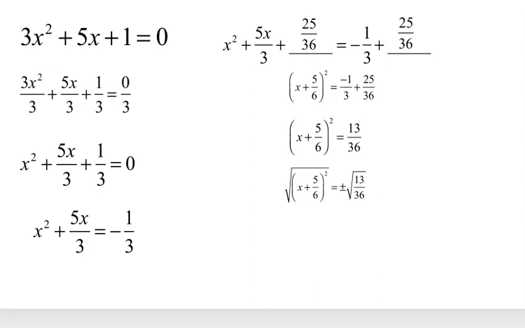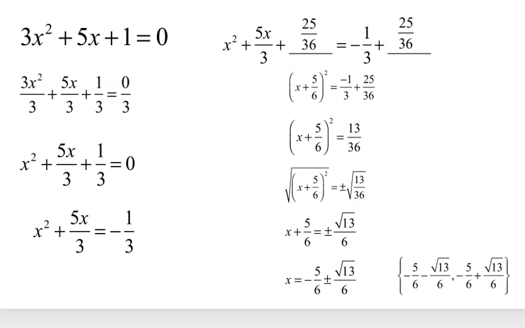So we're going to get x plus 5/6 is plus or minus root 13 over 6. Adding negative 5/6 to both sides, we get x is negative 5/6 plus or minus root 13 over 6, which we write in set form.